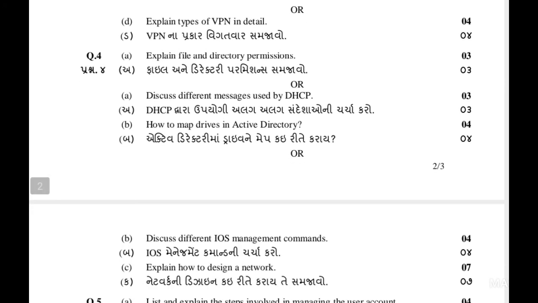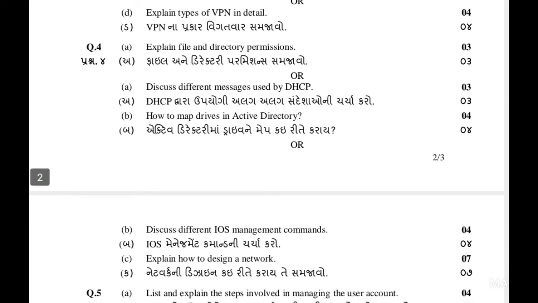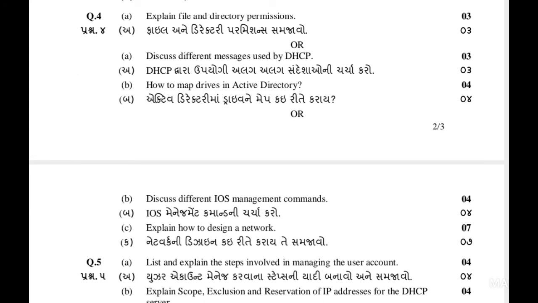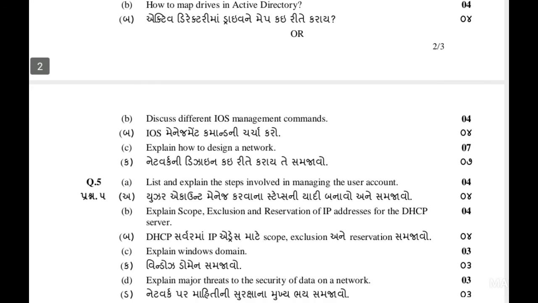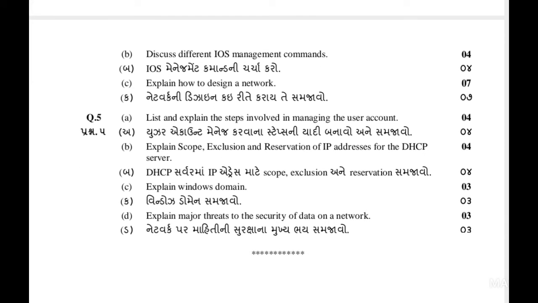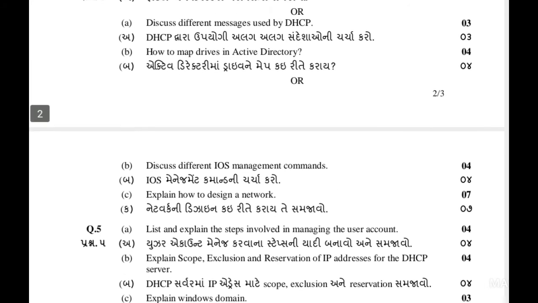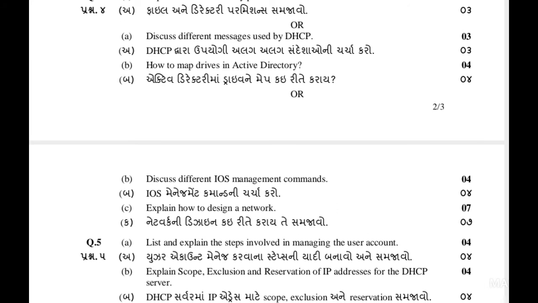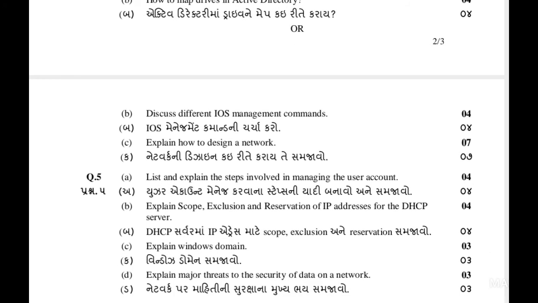Then question 4a carries 3 marks, and it also has an OR question. Then question b has 4 marks, with an OR option as well, and c is 7 marks. So totally question number 4 has a 3 marks, b 4 marks making 7, and c is a 7-mark question.